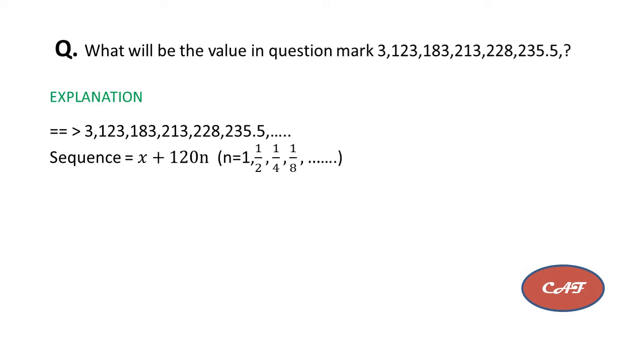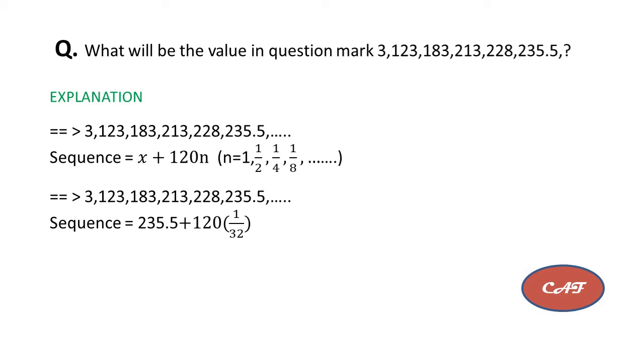So what is the n value for the sixth one? n is equal to 1 by 32 will come. So I am substituting the n value and x value in this equation. You will get 235.5 plus 120 by 32, which is 3.75, equal to 239.25. So 239.25 is the next term, whatever they asked.